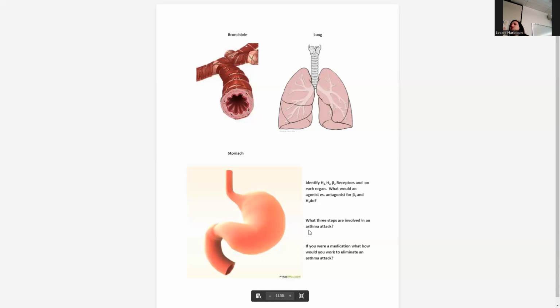What are the 3 steps involved in an asthma attack? That goes back to the pathophysiology, the first 3 main things that happen. And if you were a medication, how would you work to eliminate an asthma attack? This gets you to look back at the medications we'll cover in a minute. It's a worksheet to help you think about what kind of questions might be on a quiz.